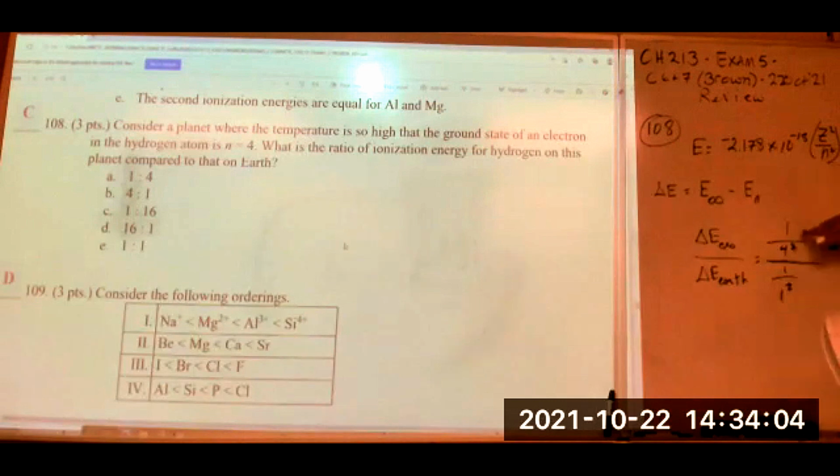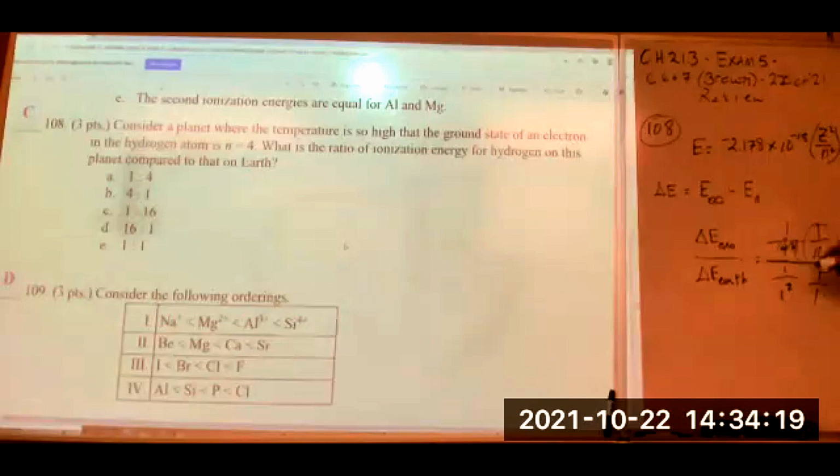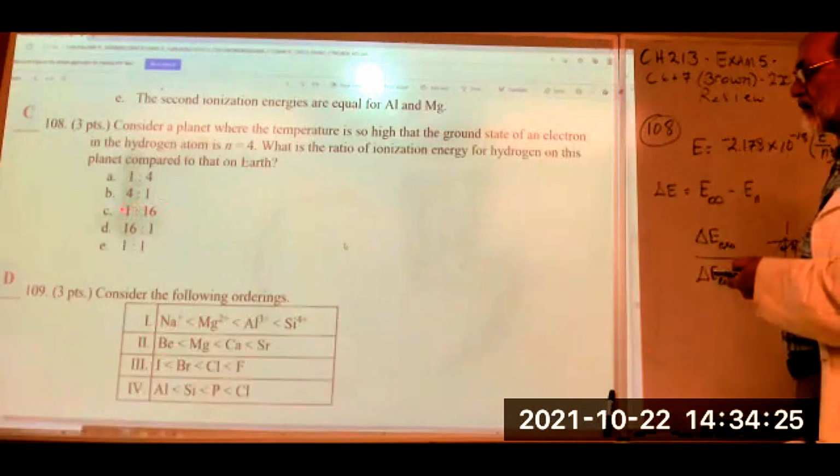Now we're ratioing this one, which is 4 squared, which is 16, 1/16 to 1 over 1. So that ratio, if we flip it over, is 1/16, 1 to 16. So that's why the answer is C.